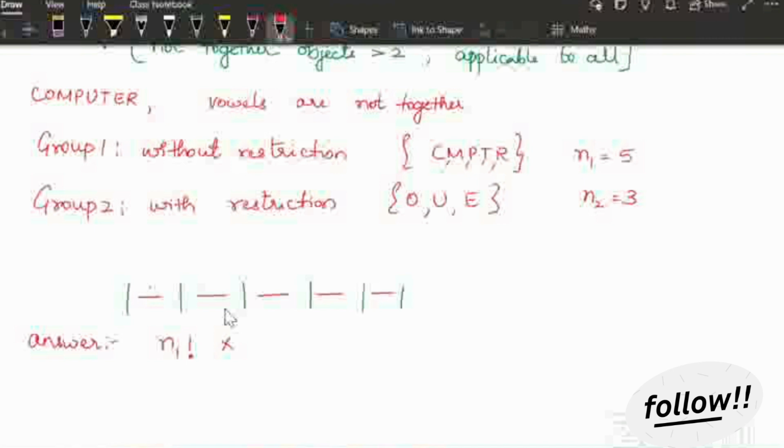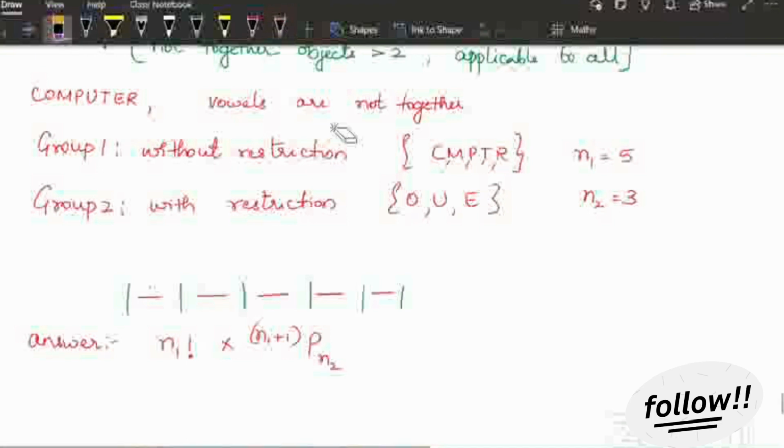Okay. So we have 5 objects here. Number of alternate positions will be n1 plus 1. How many objects we have arranged here, plus 1 will be the number of alternate positions. In this, we are going to pick 3 positions, and we are going to arrange these 3 letters in those positions, which is n2.